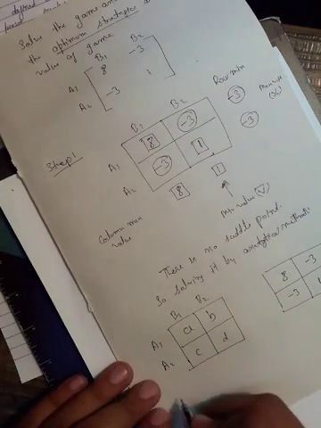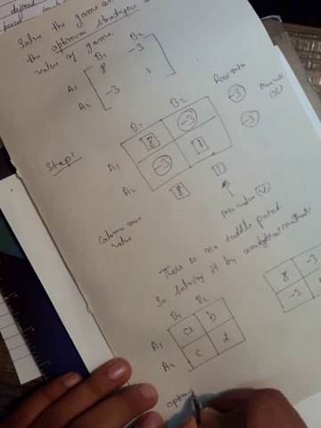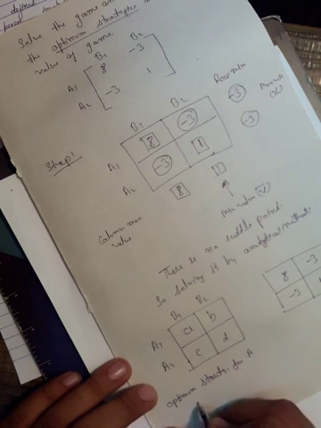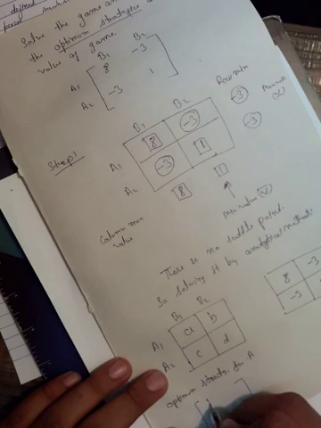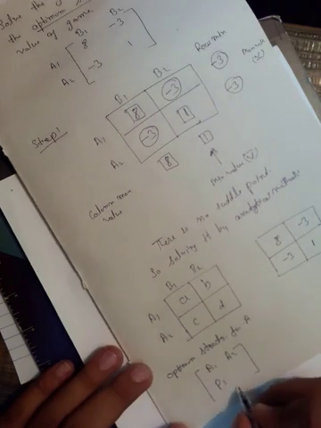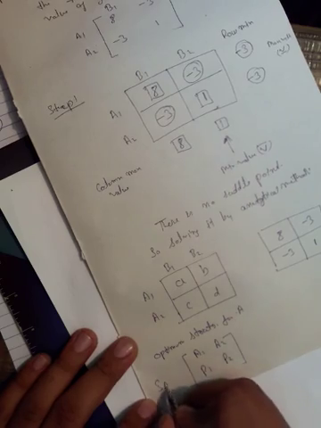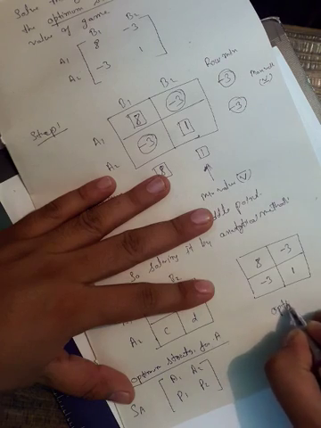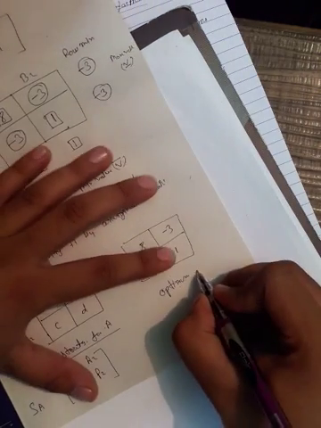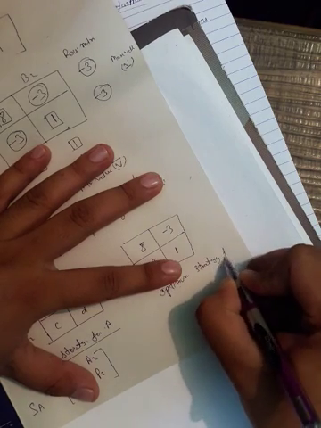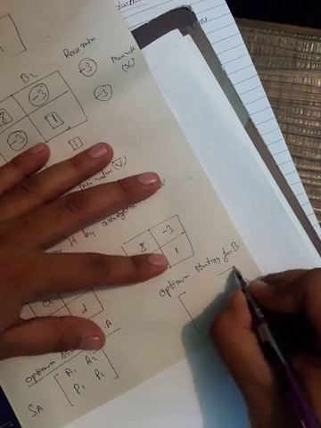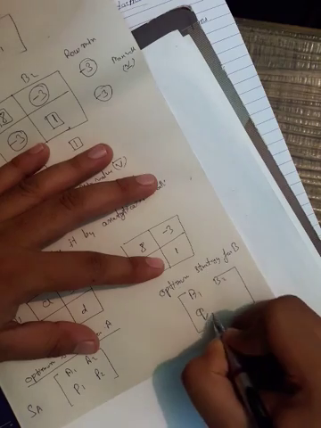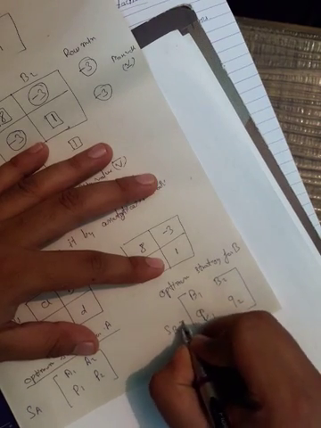The optimum strategy for player A is p1, p2, and for player B it is q1, q2.